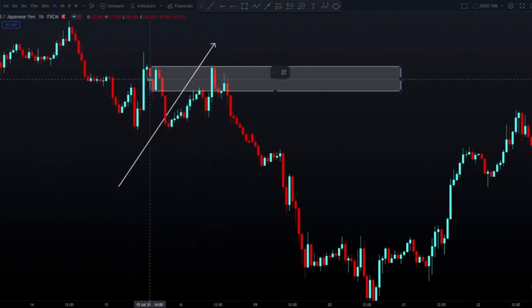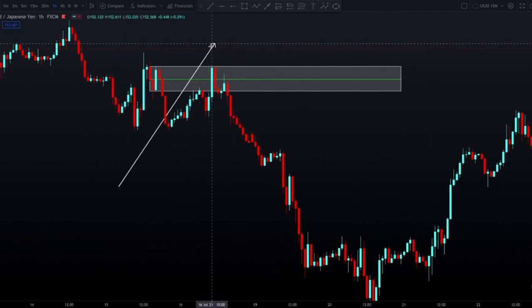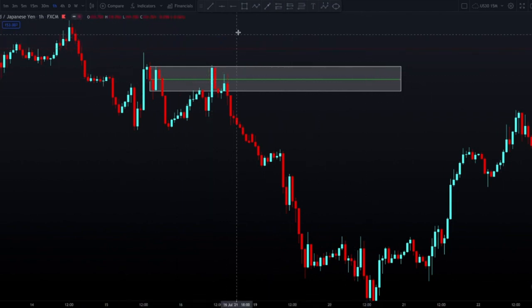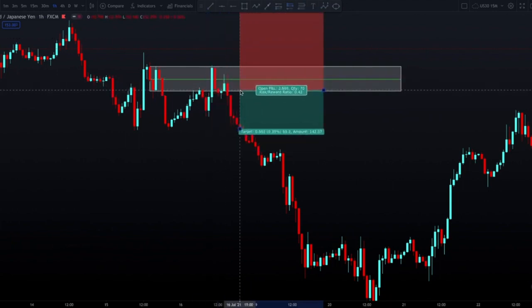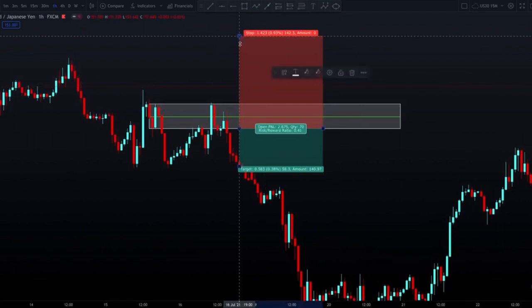So after the move goes, let's take a look at this green line. This is the equilibrium, okay? This is the 50% zone where I know there's going to be a sell-off. And you can have two kinds of trades, right?